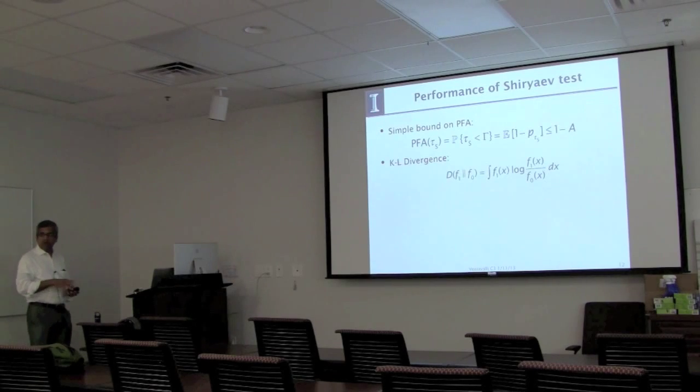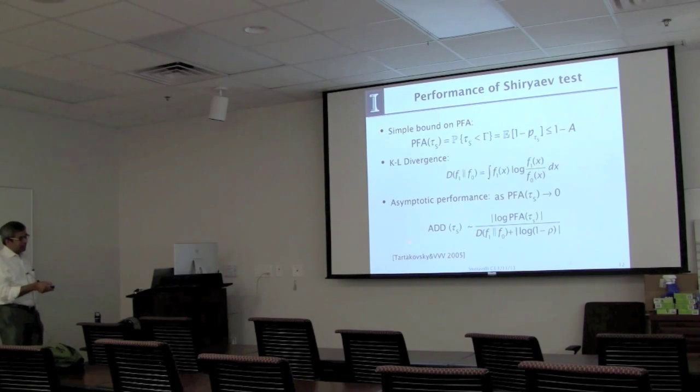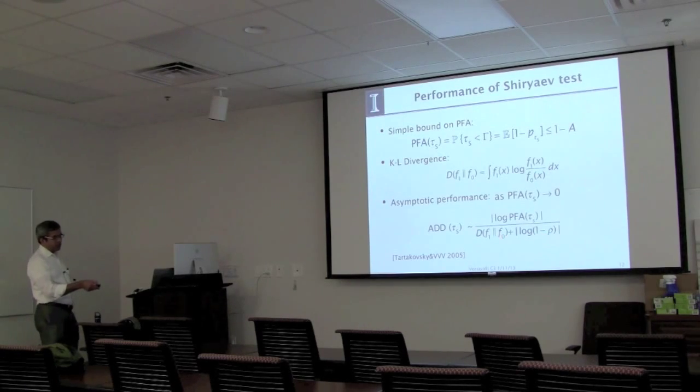And typically you want to know how false alarm and delay are related, right? You can easily bound the false alarm probability. This is not that hard to do, but the more interesting result is that the delay versus false alarm has this relationship, that the delay goes as the log of the false alarm probability, and there's a slope that's determined by both the prior rho as well as the KL divergence between the distributions F1 and F0, right?